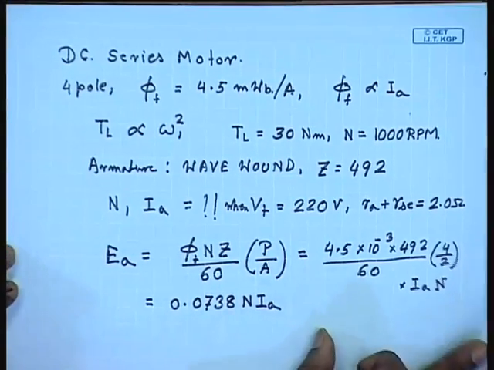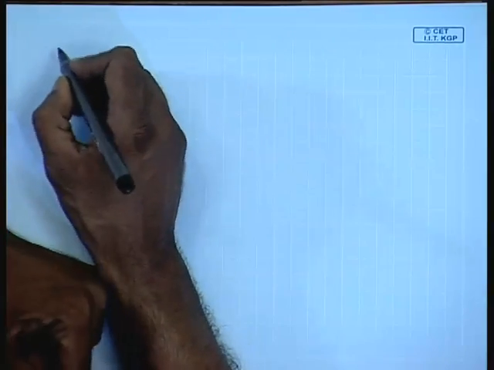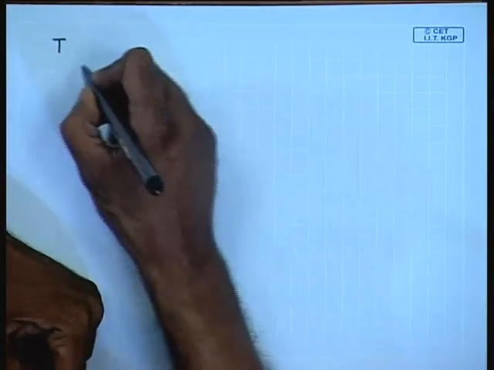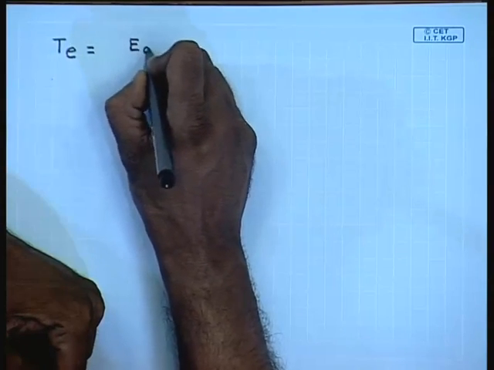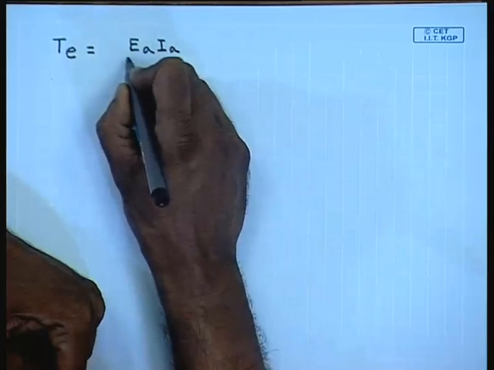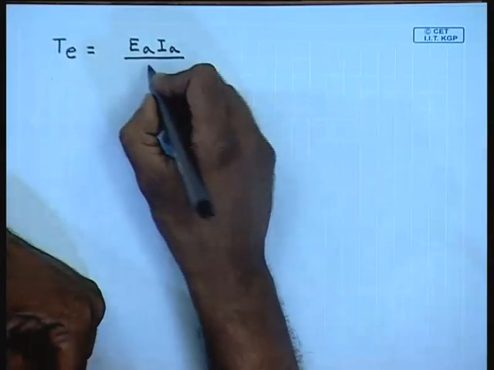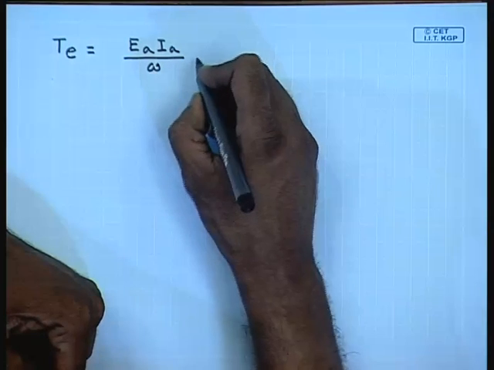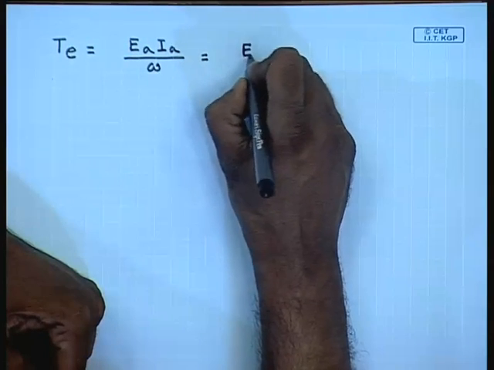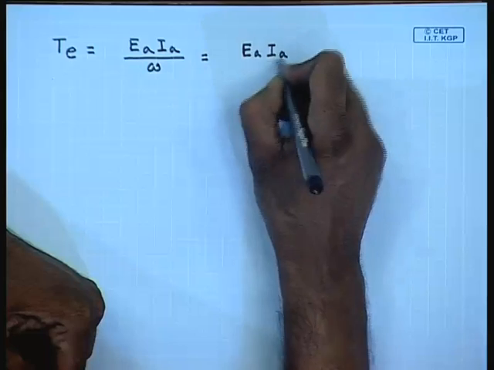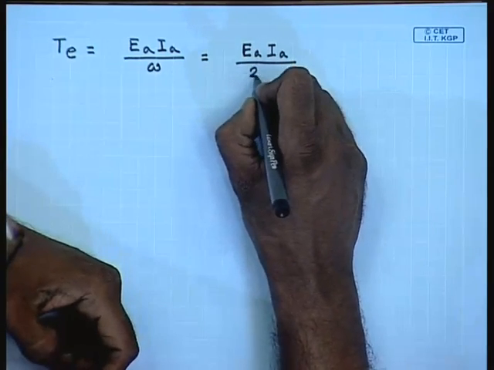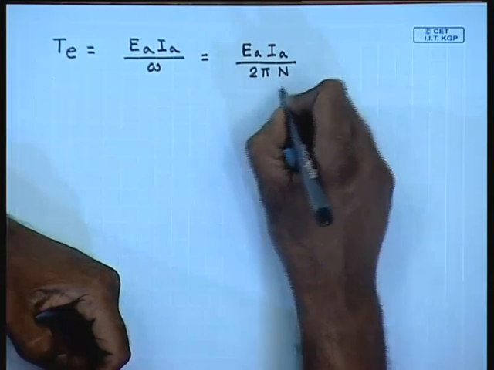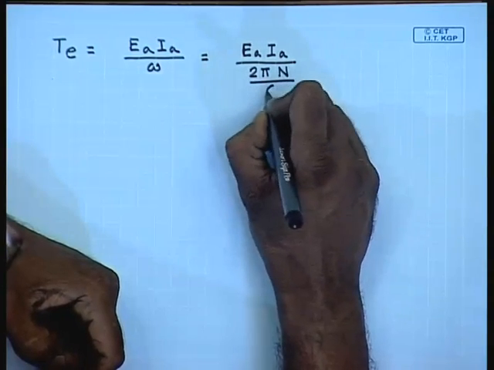And what about torque? Torque we know is Ea Ia by omega, equal to Ea Ia by 2 pi n by 60.